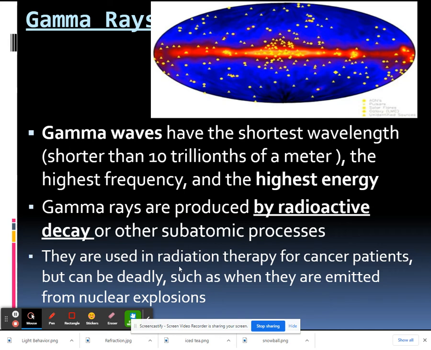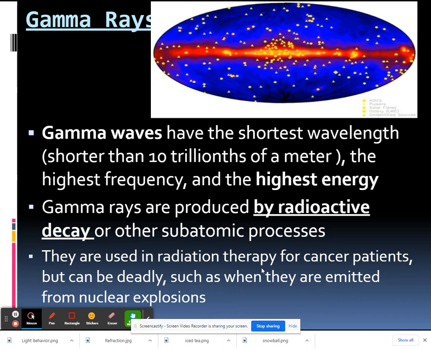Interestingly, gamma rays can kill living things. They can kill your cells. However, if you have cancer cells all located in a specific area, and we can target the gamma rays that we expose you to just that area that has the cancer cells, it can actually kill your cancer cells, and it kills some of your living cells as well, because it kills everything.